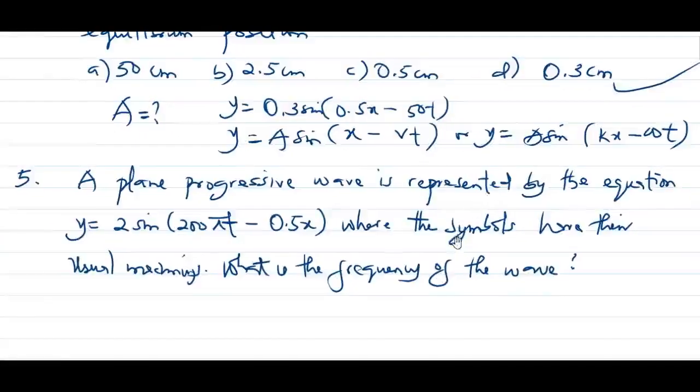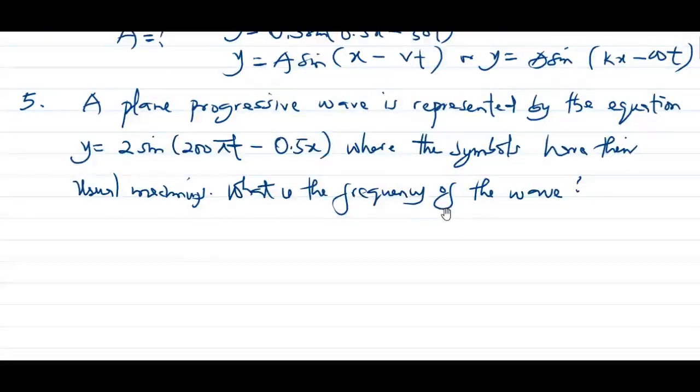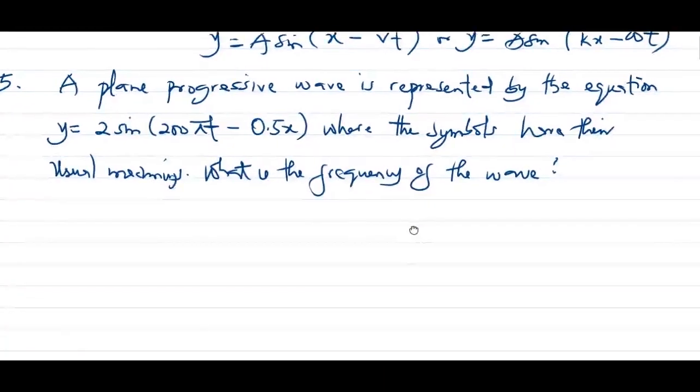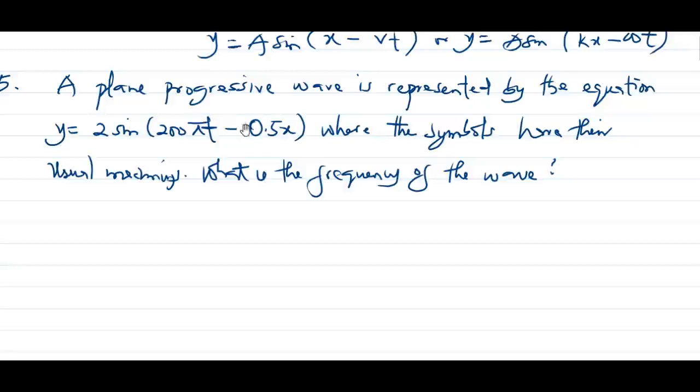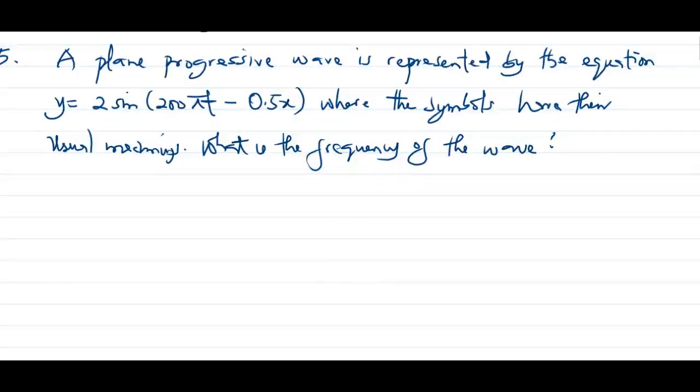All right, let's go to question 5. A plane progressive wave is represented by the equation y equals 2 sine 200 pi t minus 0.5x and all of that. Now, anytime you are given a wave equation, you must always compare it with something that you already know. So there's a wave equation that says a sine.